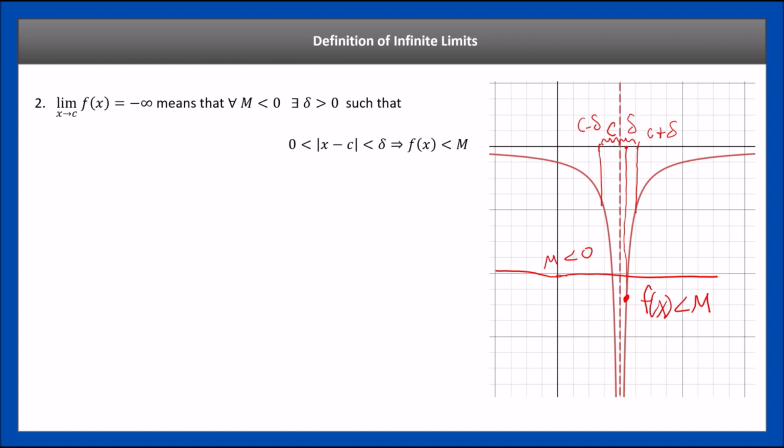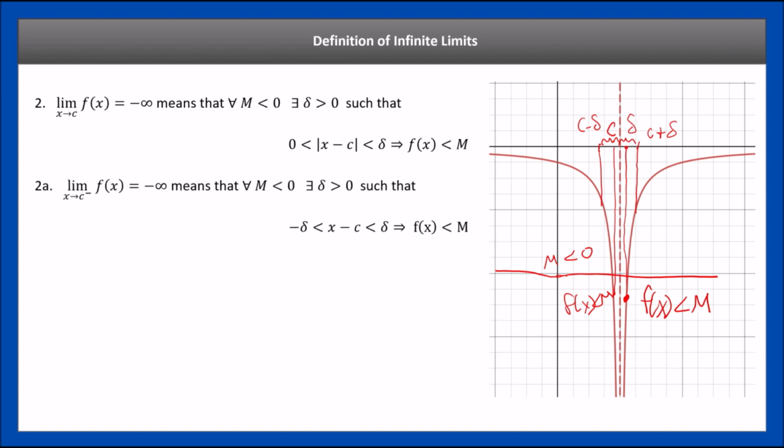Same thing here, of course, because it's a two-sided limit, so it could be on either side. So that's essentially what we're saying: we can find a value in this interval that will be less than m. And if that's the case, then it's decreasing and decreasing without bound. And of course, we have the one-sided limit versions, one on either side, which I drew already.